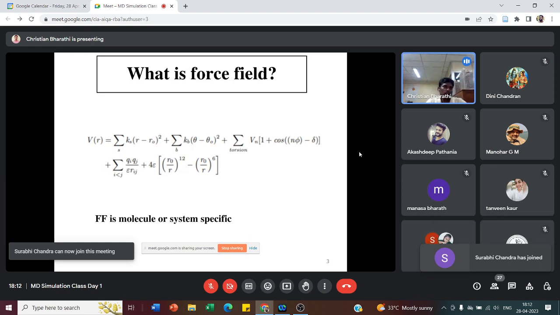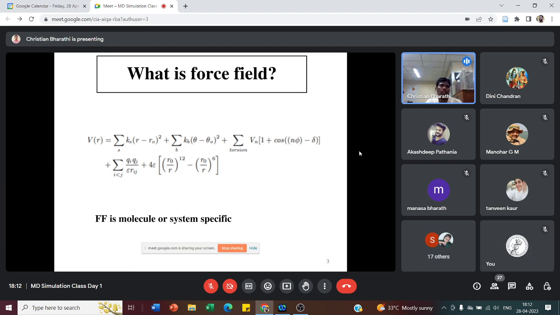And here in this equation, the first term calculates the bond length related forces, and the second term, theta minus theta 0, calculates the bond angle related energies in the molecule, and the third term calculates the torsional related energies of the molecule.